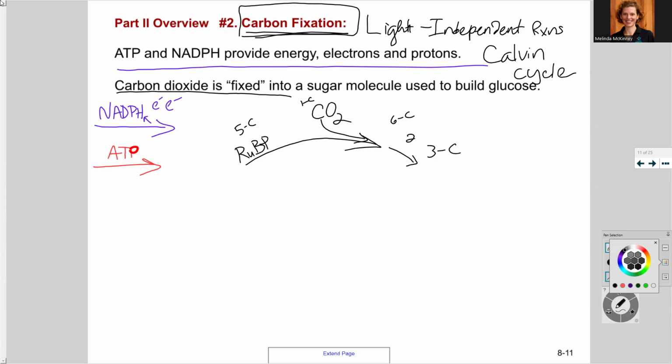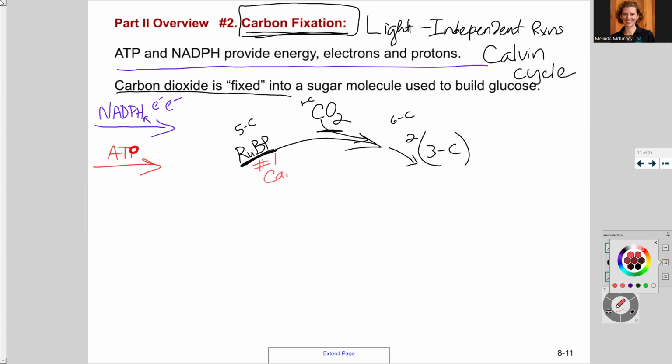So you're going to have 2 3-carbon molecules that are made pretty quickly from the process of carbon fixation. So this process here of combining RuBP with CO2 is called carbon fixation. So that's the first step in the Calvin cycle that you need to know.